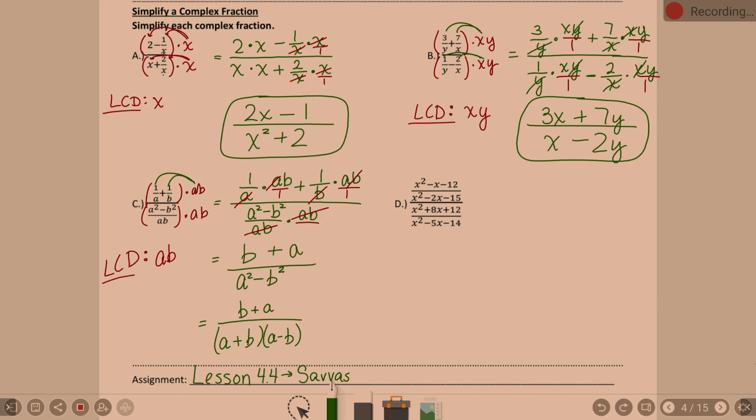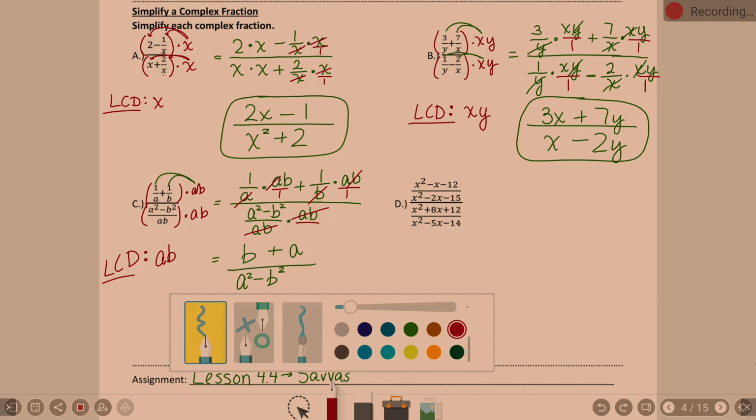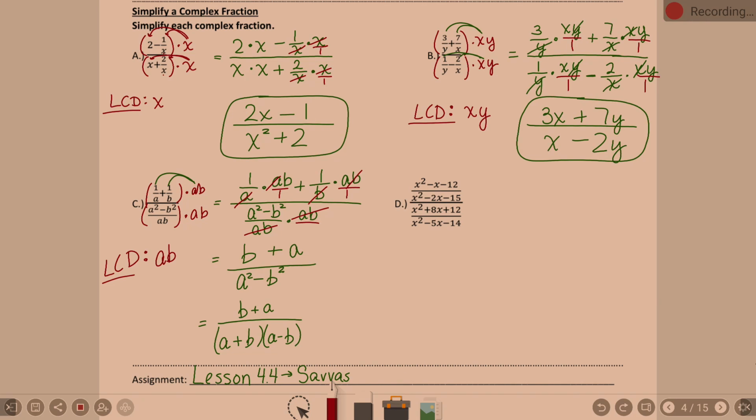So A plus B times A minus B. The numerator cancels. Okay. Is A plus B the same as B plus A? Yeah, it is. It's the same thing as saying, is 2 plus 3 the same as 3 plus 2? Hopefully you guys have been around a few years, you know. So those do cancel.